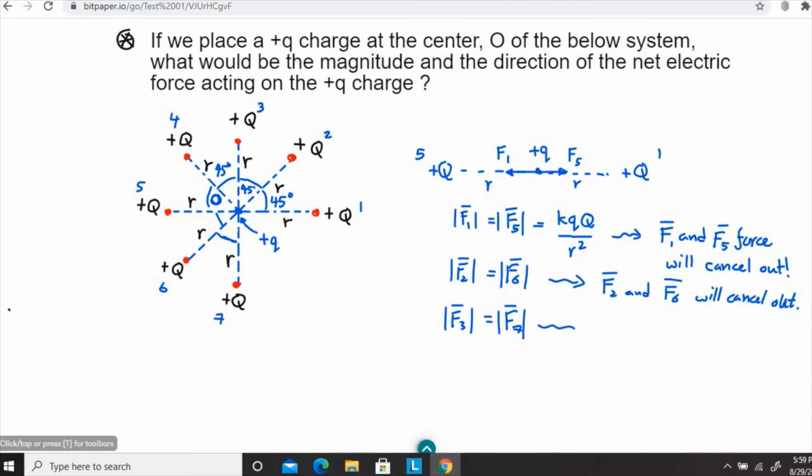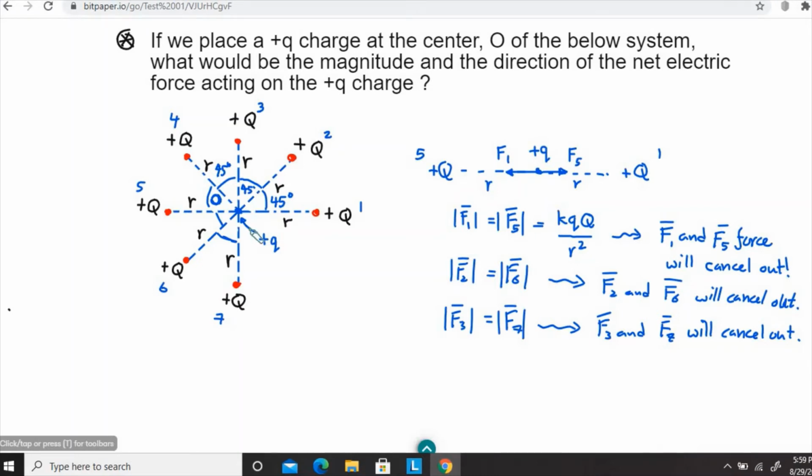So again, they will cancel out. So F3 force and F7 force will cancel out. So you can see the forces due to 3 pairs of charges will cancel one another.